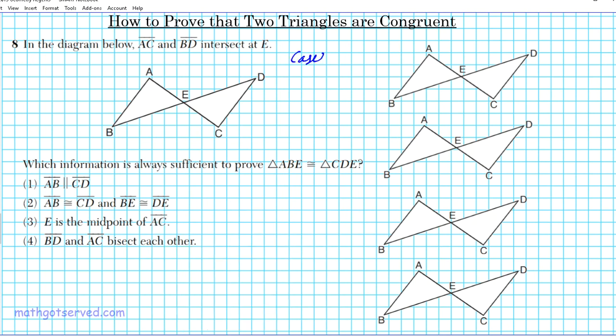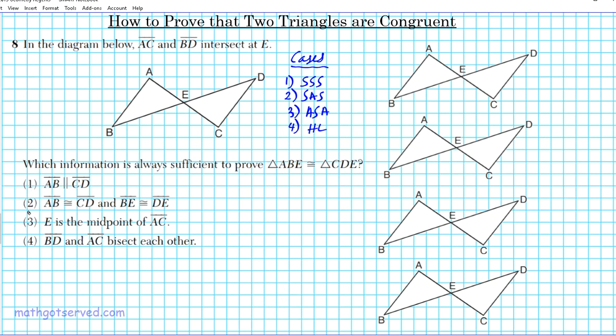So to show that two triangles are congruent, you could use either the SSS postulate, you could use the SAS postulate, you could use the ASA postulate, or you could use the hypotenuse-leg, the HL theorem. Alrighty? Okay, so these are the only cases that you can use to show congruency.